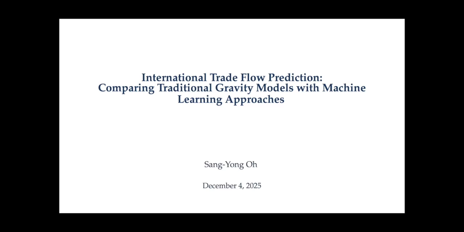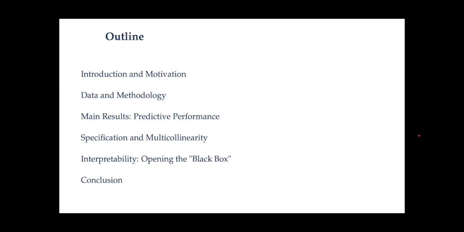So today I'm going to talk about international trade flow predictions using machine learning models compared to the gravity model that is well known in the international trade field and economics. Today's outline is like this.